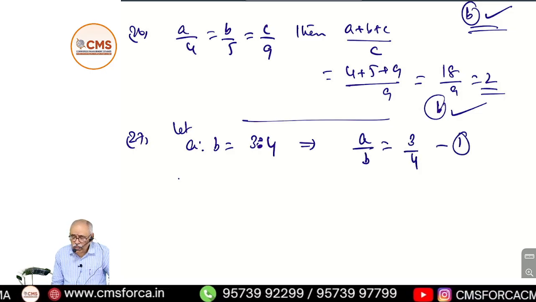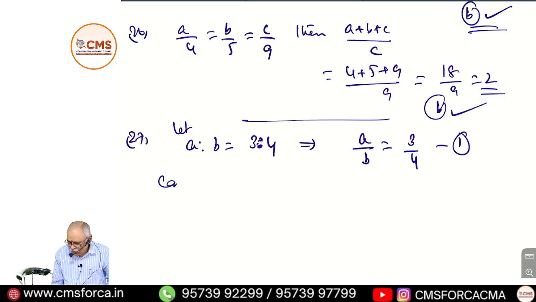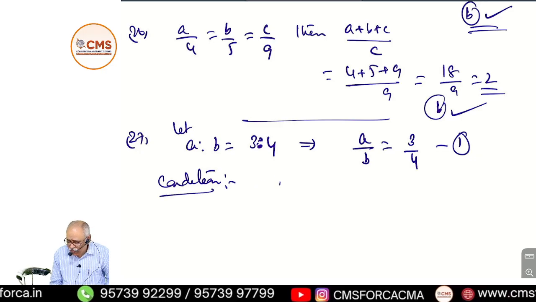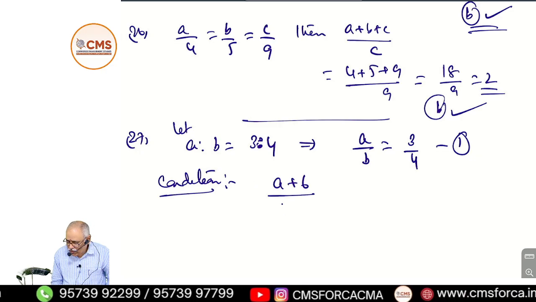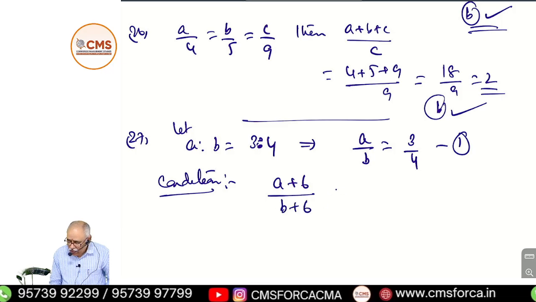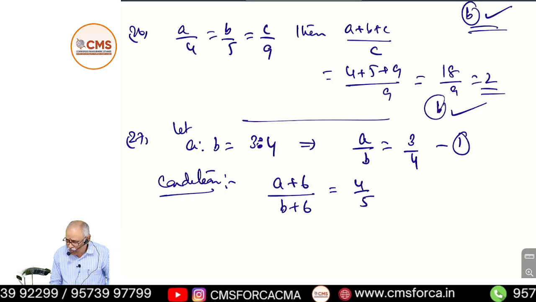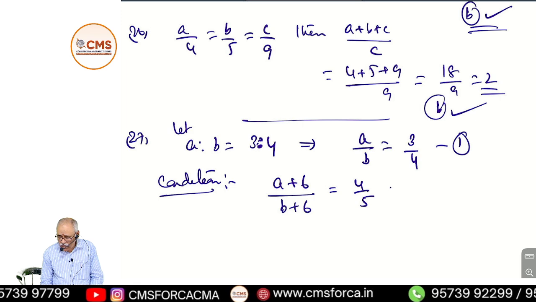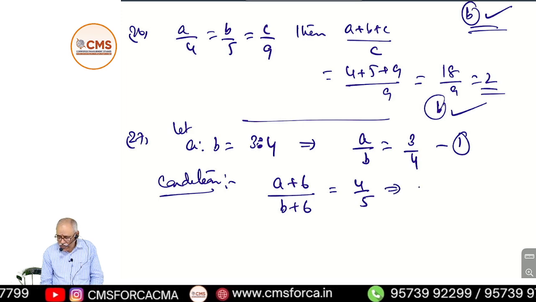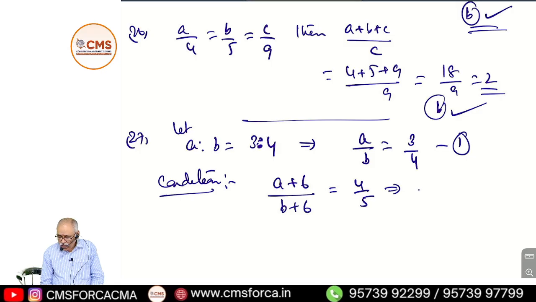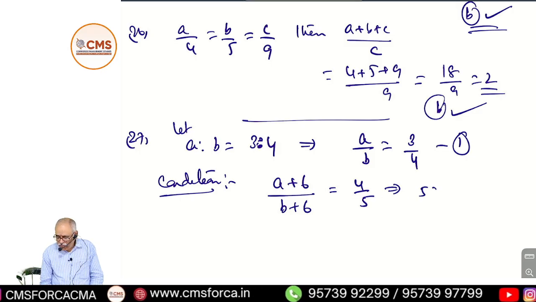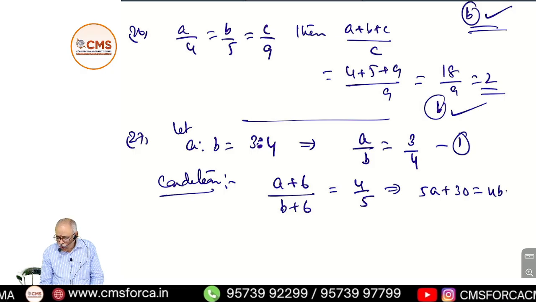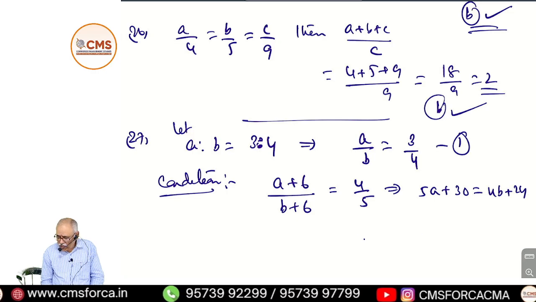What is the condition? If 6 is added to each number, a plus 6 by b plus 6, the ratio will become 4 is to 5, that means 4 by 5. Cross multiply on the second one. What will you get? 5a plus 30 is equal to 4b plus 24.